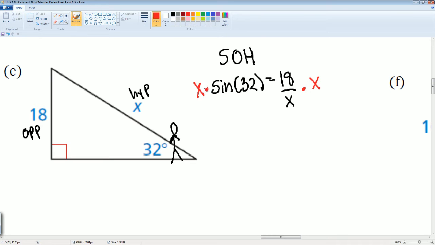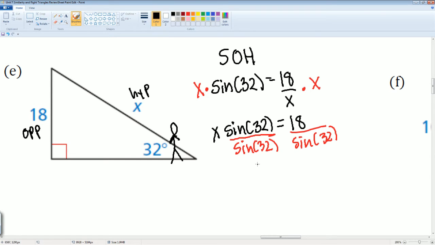Why do I do that? It's because I'm trying to just get x by itself. Okay, so here I get x sine 32 is equal to 18. Now I can divide, because I'm trying to get x alone, by sine 32. Divide by sine 32.